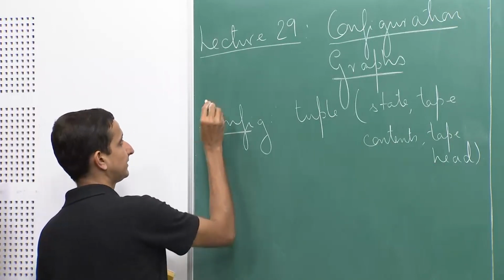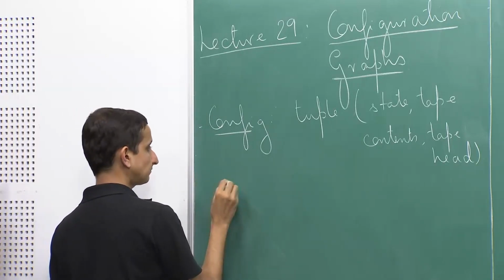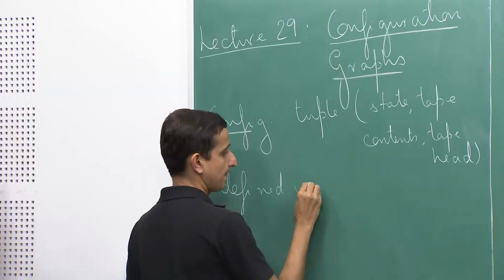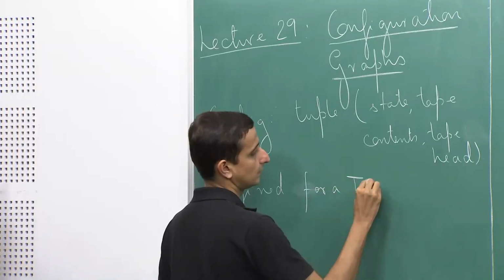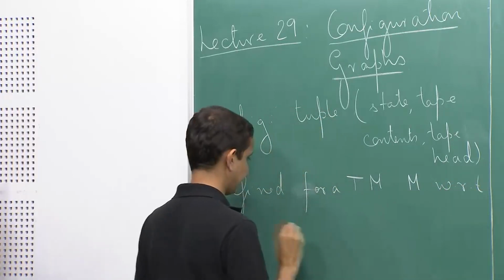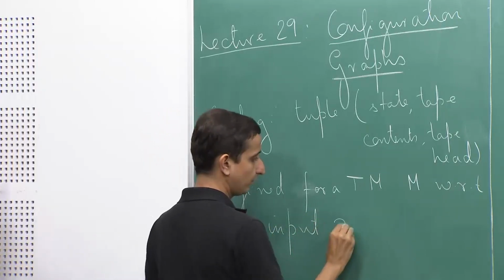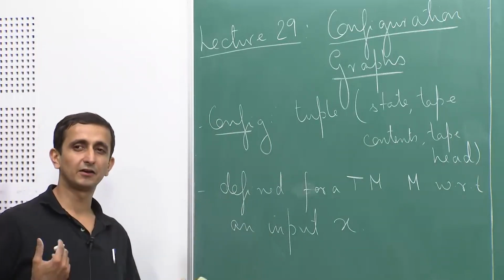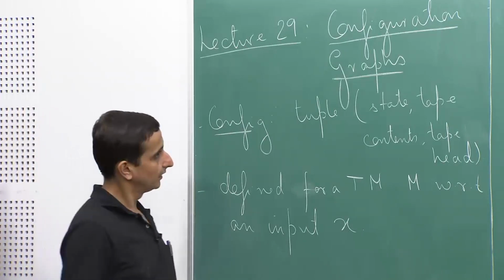Let us say that we have a Turing machine M, defined with respect to an input, say x. This is what we mean, because for different inputs the configurations can be different. Of course, for different machines the configurations will be different.